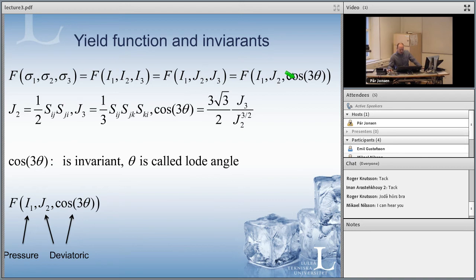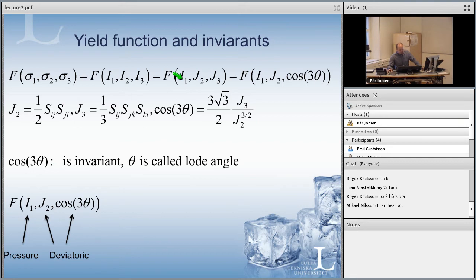cos 3 theta. And you see here, just to recall your memory, J2 looking like this is the deviatoric part, and J3 will give you the direction in the deviatoric plane. But you can write it like this.